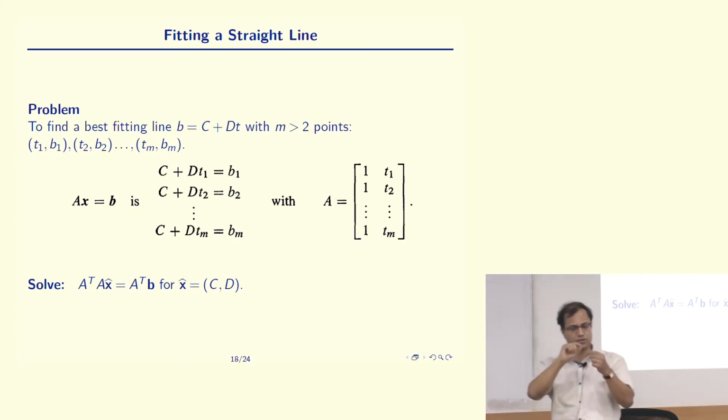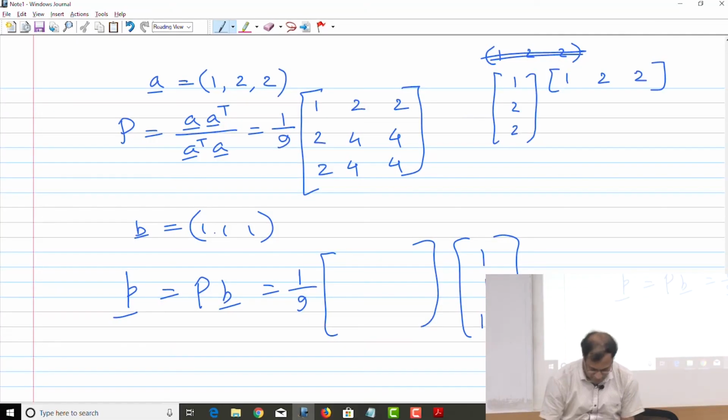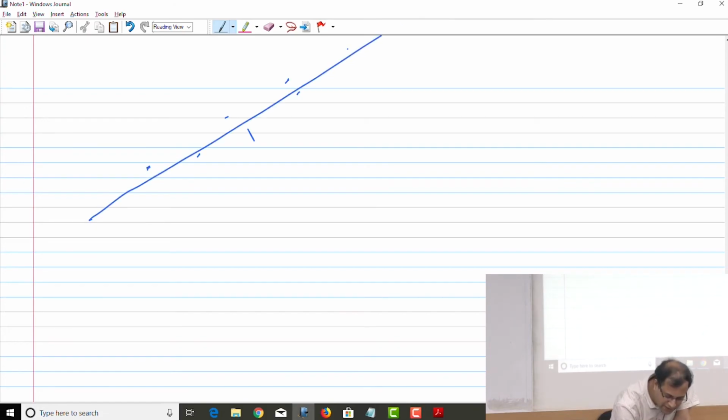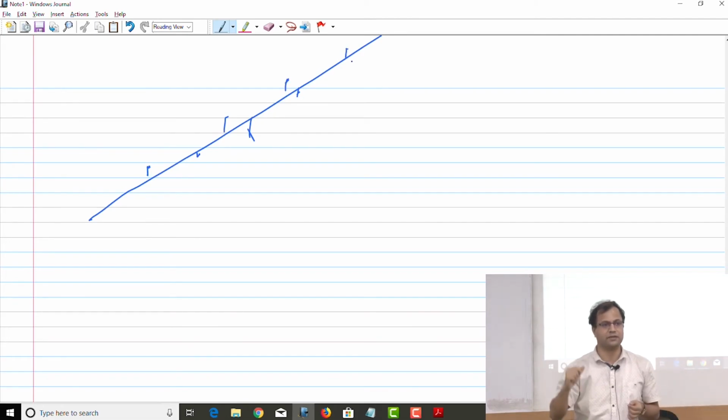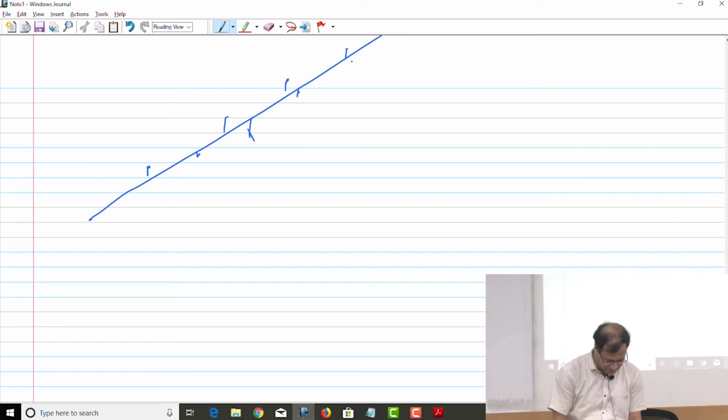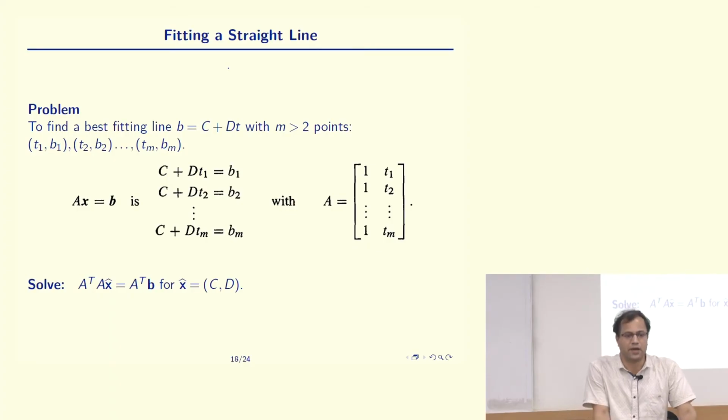So it will have error. These are given points, and you are choosing a line, so you have to minimize these errors, right? Minimize this distance from the point to the line. That is where you apply the least square approximation.